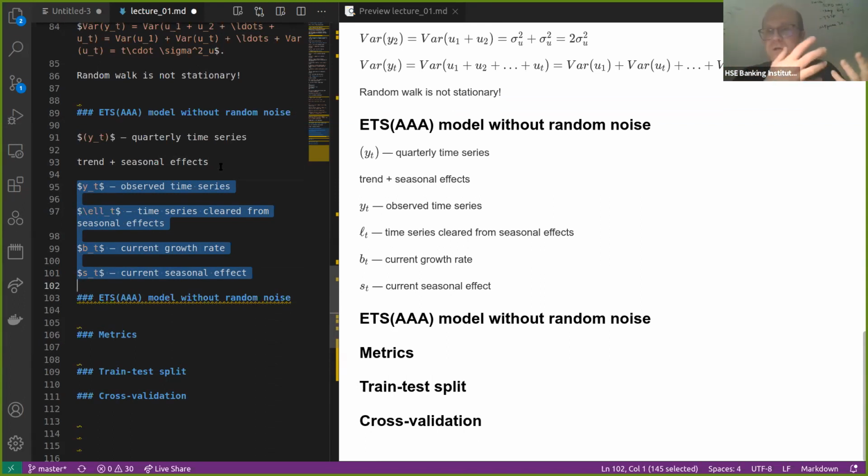It's something imagined, created by a man: the time series cleared from seasonal effects. Then we have the current growth rate, and we have the seasonal effect. These are also artificial time series. We do not observe in real life something with clear seasonal effect. It's our opinion about the time series. Okay, notation is clear.